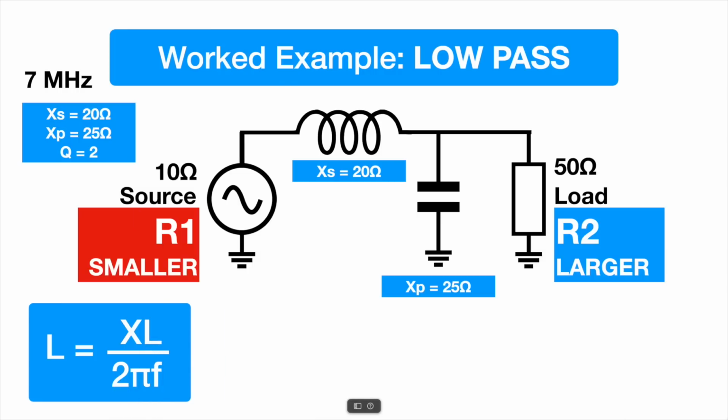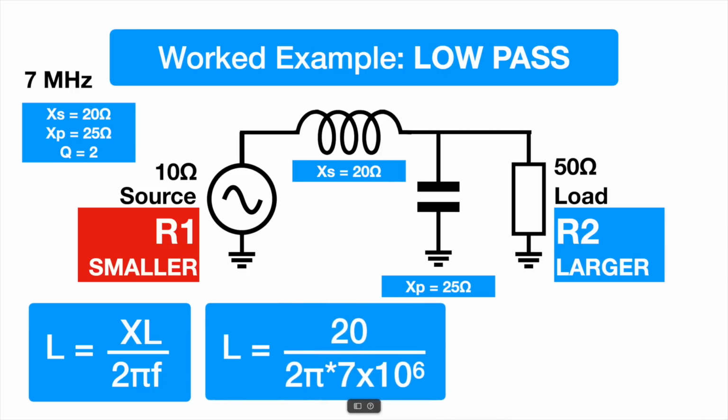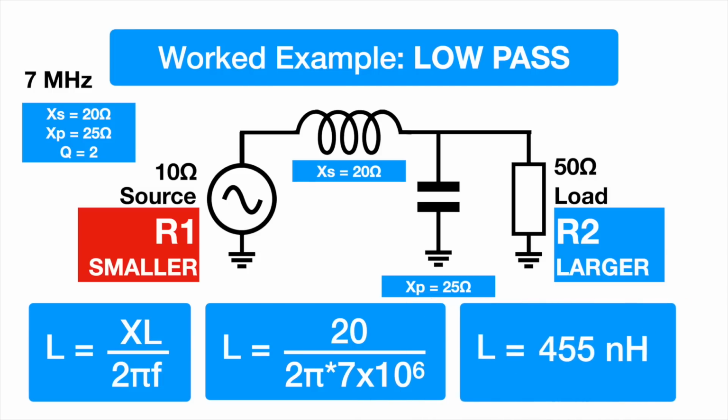So if we plug that in, that gives us L equals 20 over 2 pi times 7 times 10 to the power of 6, so 7 million if you like. And when you calculate that, that gives us an inductance of 455 nanohenries, and we'll put that there.